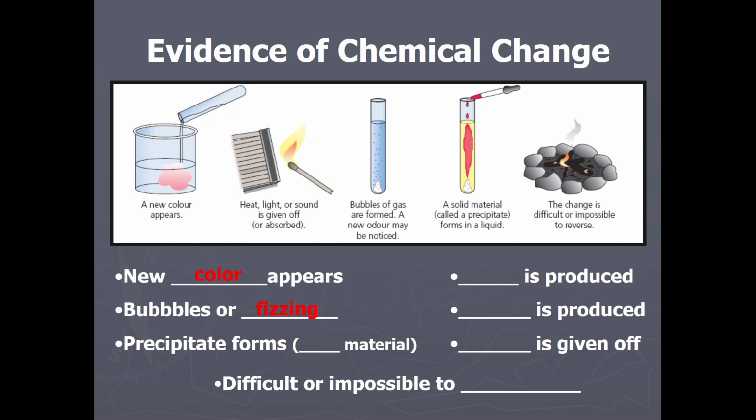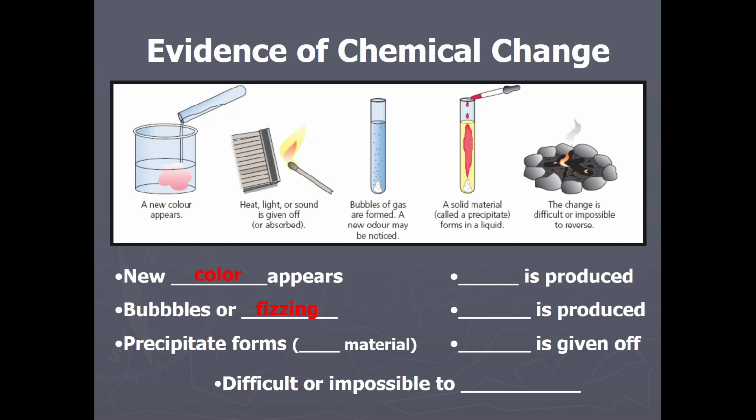Not always. For example, putting Mentos in a bottle of Coke is a physical change. You're forcing all the dissolved CO2 out very rapidly, but all you're doing is making something come out of solution. Usually, though, it's evidence of a chemical change.